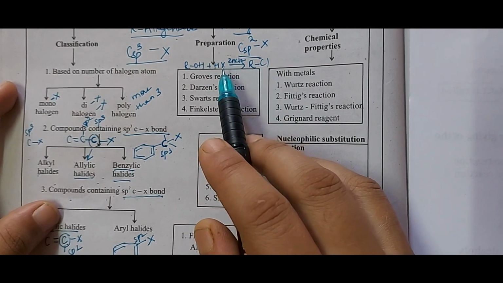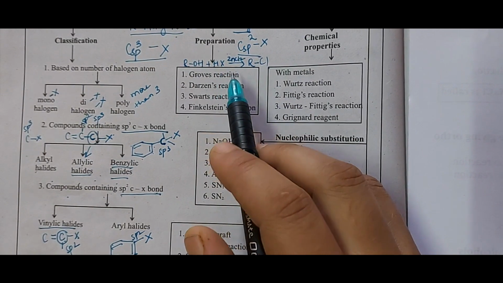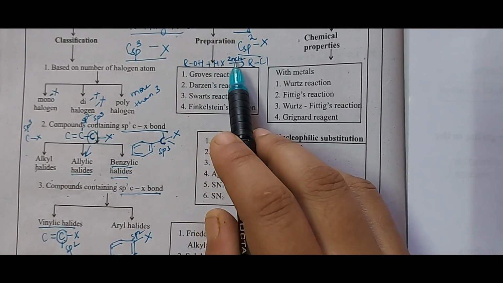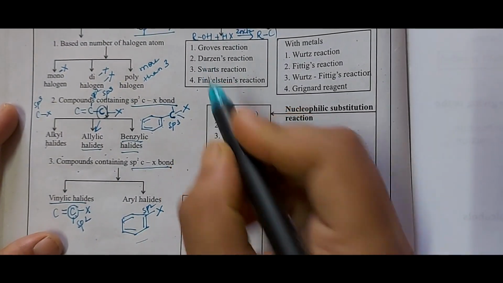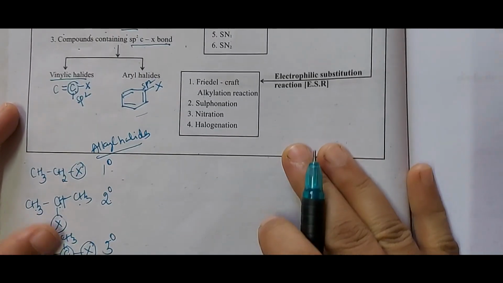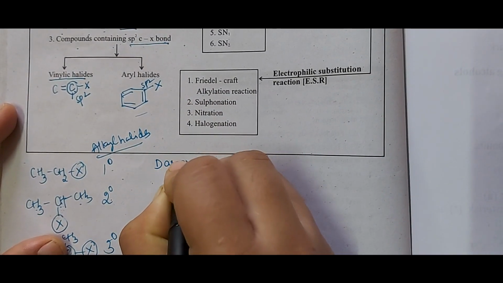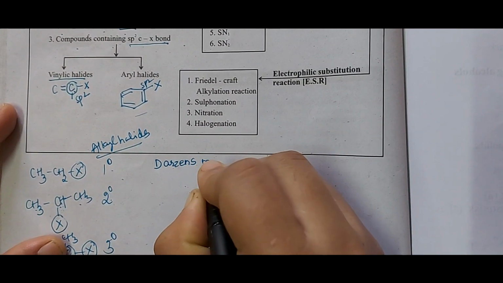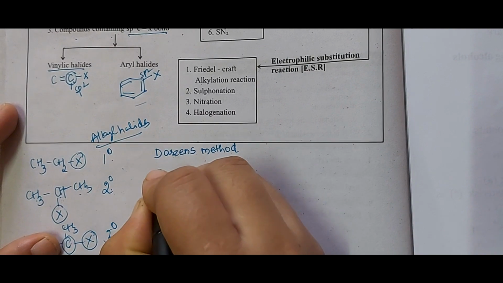Don't get confused between Lucas reagent and this: hydrogen halide, that is HCl with ZnCl2, is Lucas reagent. Here, any hydrogen halide with ZnCl2 is Groves reaction. Second is Darzens reaction. For Darzens reaction we'll just consider what happens when an alcohol reacts with thionyl chloride.